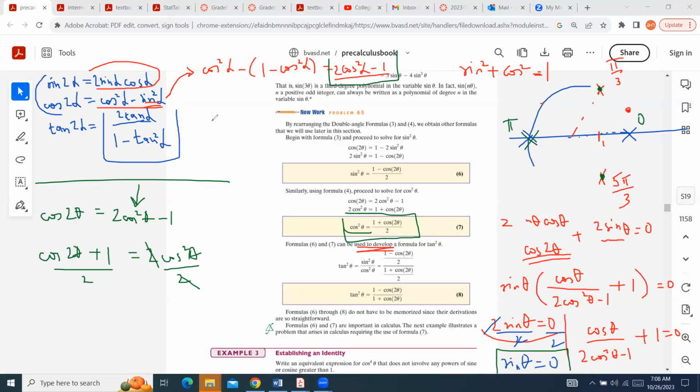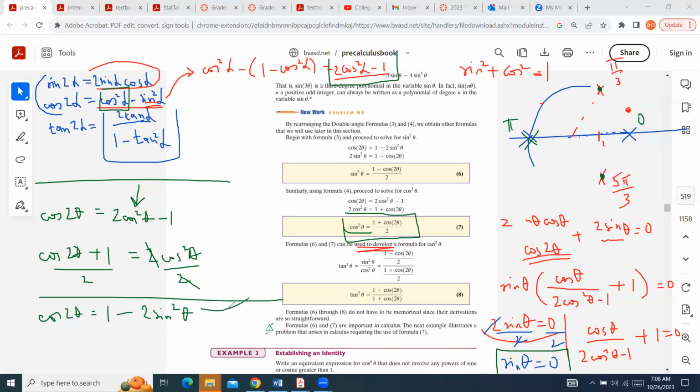Similarly, we get another formula for the cosine of a double angle, and this is 1 minus 2 sine squared. You can produce it in an analogous way. You use the first one that you just utilized, but instead of cosine squared, you put 1 minus sine squared, and that's how you get 1 minus 2 sine squared.